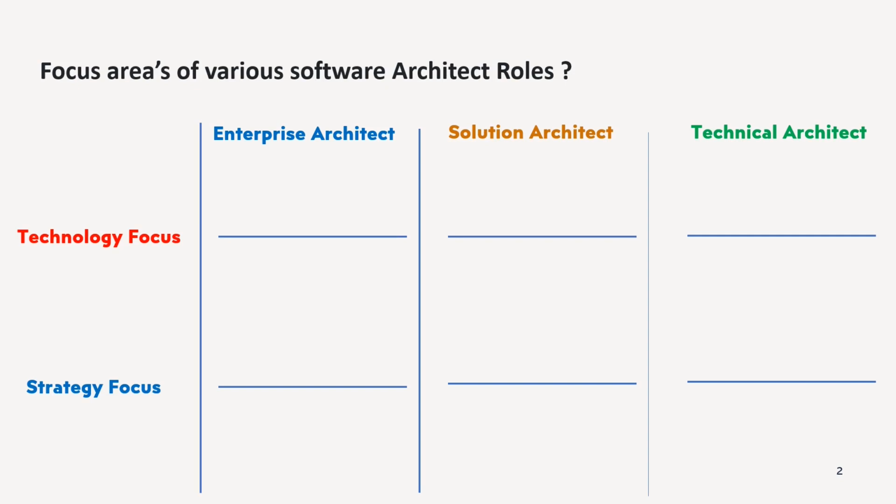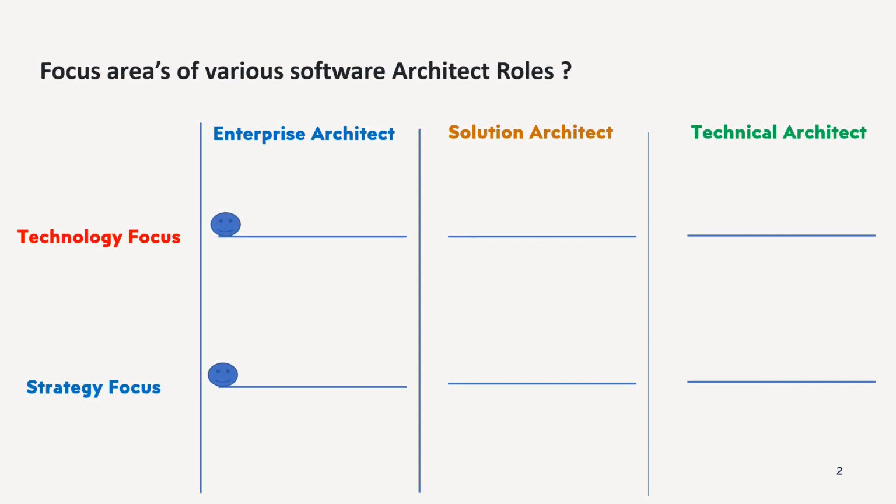Which role is focusing more on the technical aspects, and which role is more focused on the strategy, like the company strategy, or maybe the strategies defined by the top management, right?